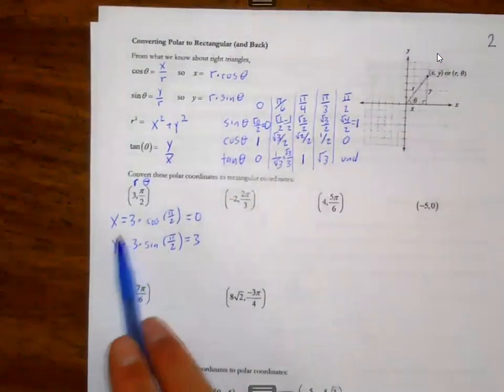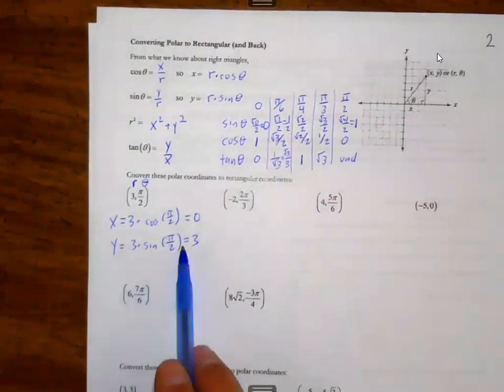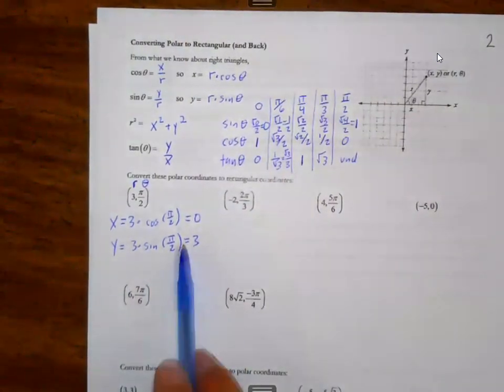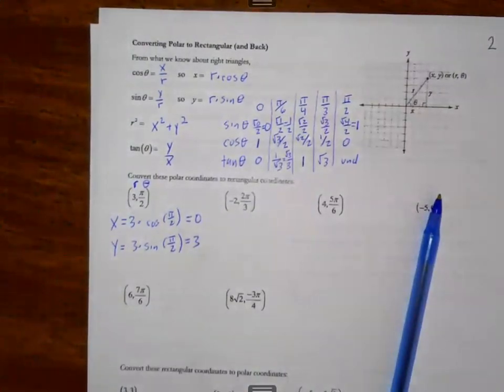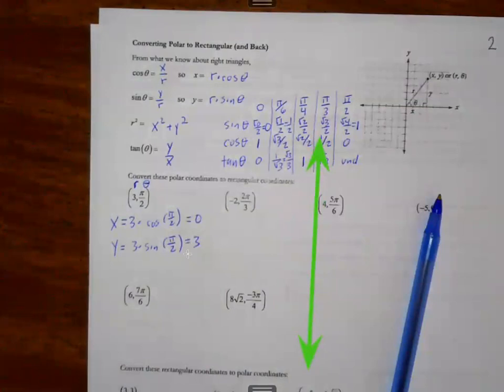So we got x is 0, y is 3. And I'll do this on Zoom so I don't run out of space writing, just to show you how the polar and the actual x and y axis graph relate.